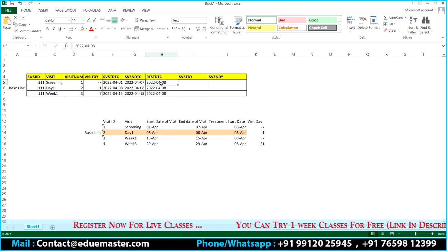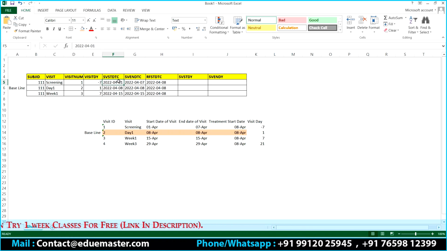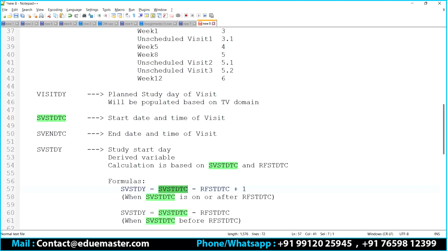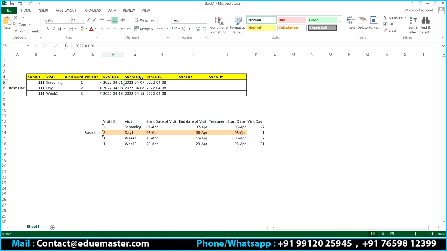So how are you going to calculate this now? Can someone please help me with this? Can I say that your SVSDTC is on or before or after? It's before. Right. If it is before, what is the value? SVSDTTC minus RFSDTTC. That is 1 minus 8, which is nothing but minus 7. Right.